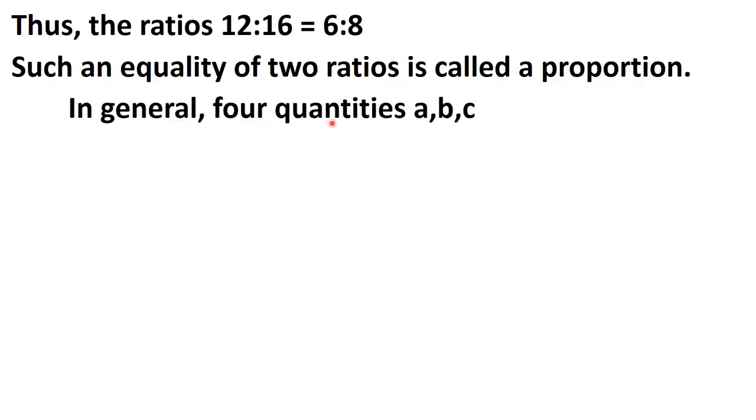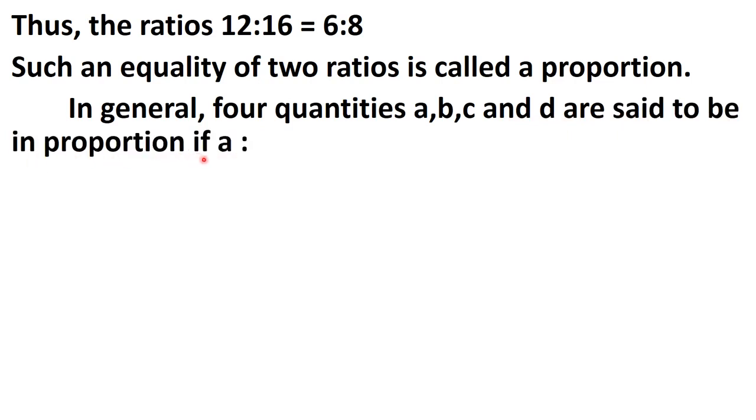In general, four quantities A, B, C and D are said to be in proportion if the ratio A to B is equal to the ratio C to D, that is, if A is to B is equal to C is to D. Suppose we have four quantities A, B, C and D. If we find the ratio of the first two terms, A and B, and then the ratio of C and D, and these two ratios are equal, then we say that these four quantities are in proportion.